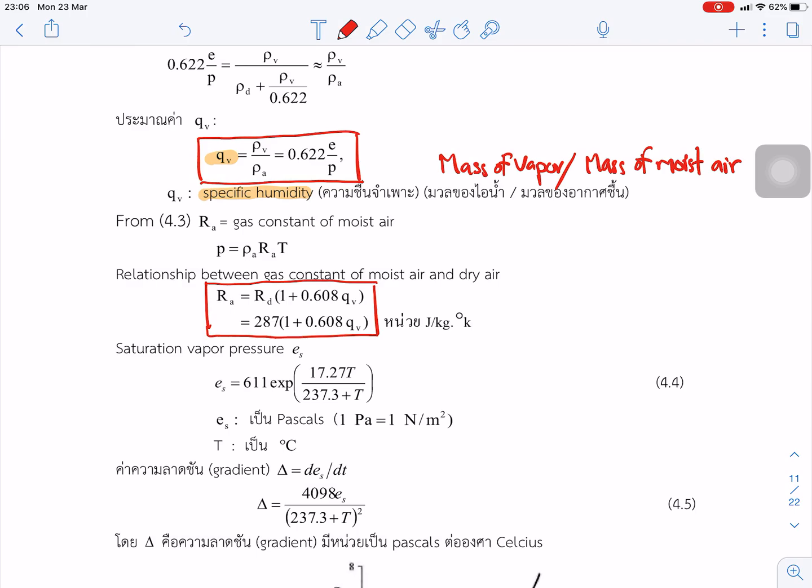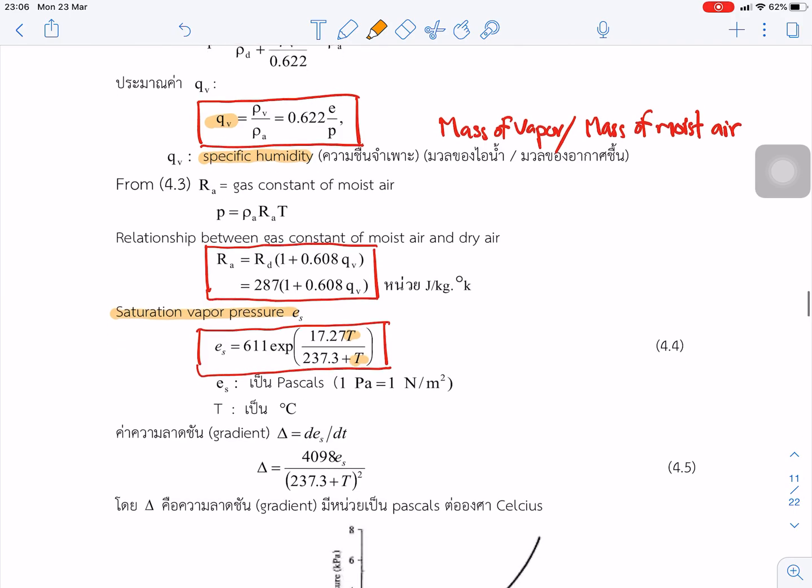The next equation is the equation for the saturated vapor pressure. If we know the temperature, we can estimate the saturation vapor pressure. Next, if we differentiate the saturation vapor pressure with respect to temperature, we can get the gradient.